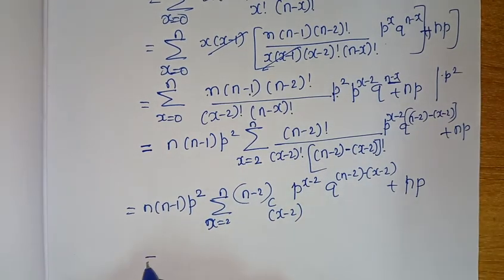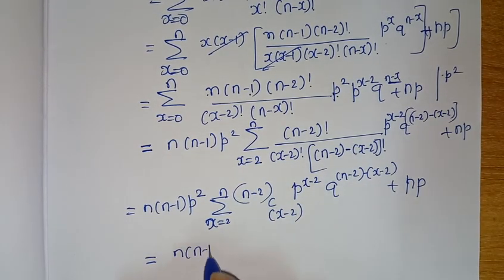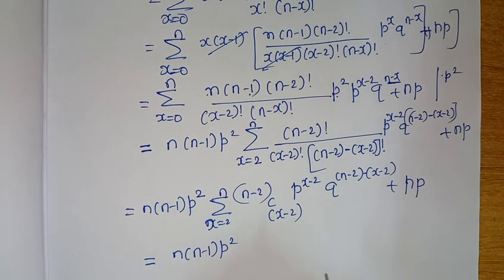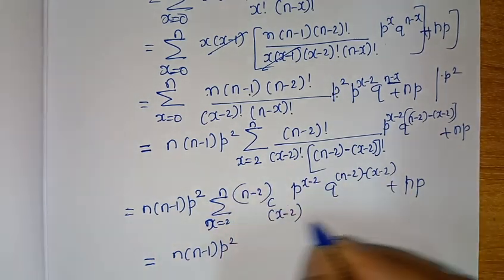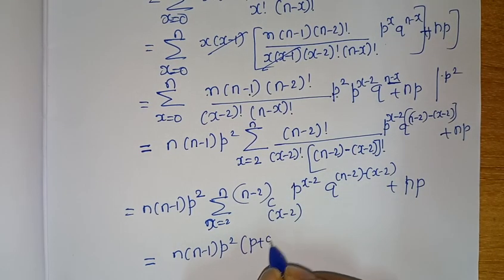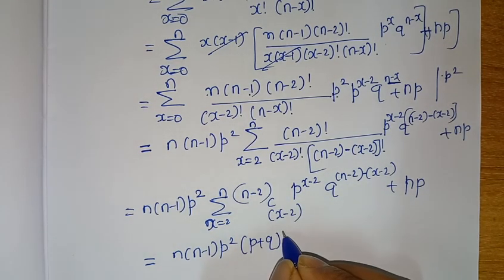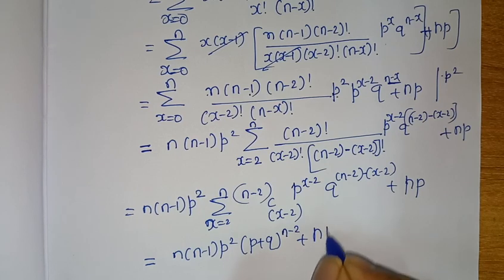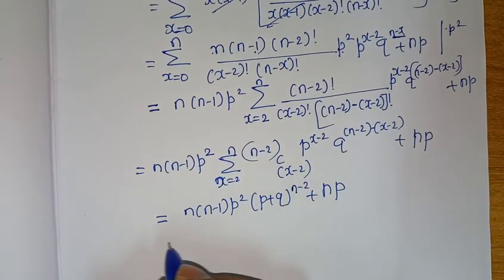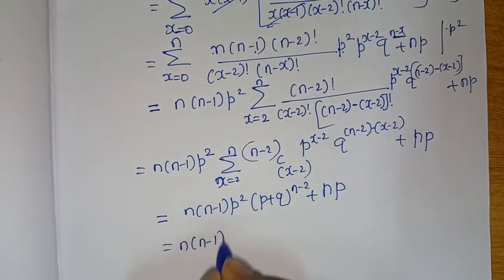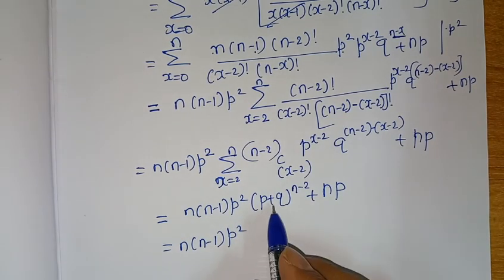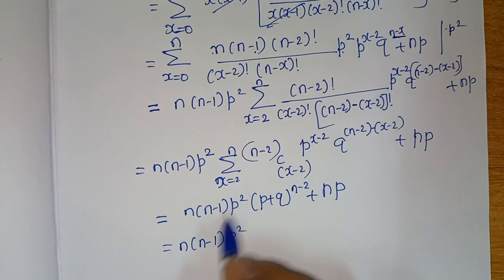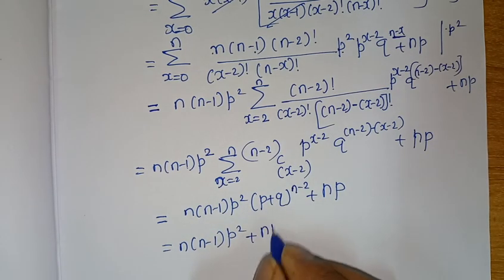So this is nothing but n into n minus 1 into p square, and this whole term is a binomial expansion, that is p plus q whole power n minus 2, plus np. And you can simplify further, n into n minus 1 p square. This p plus q means what? 1.